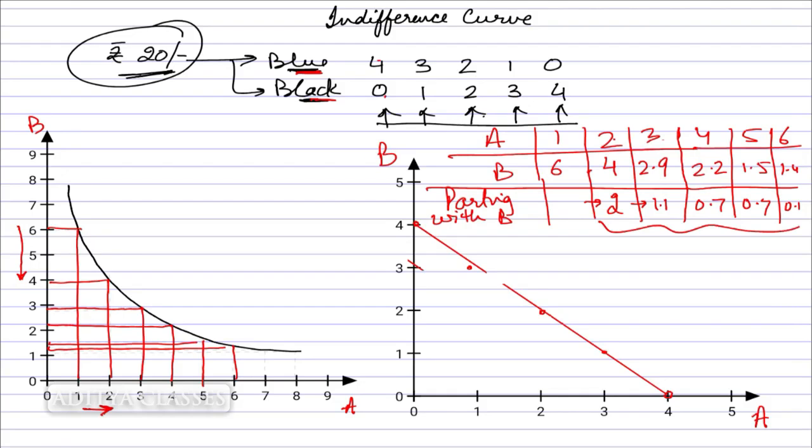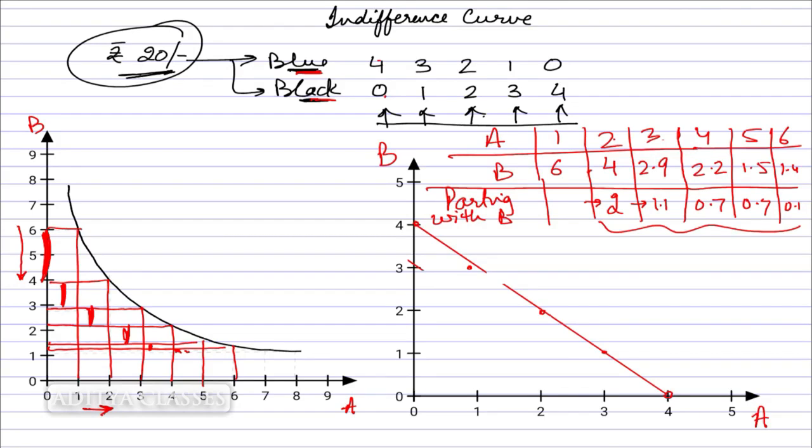Now if you have a look at these numbers, what is happening? Initially I was ready to part this much amount for 1 unit. Second time, only this much amount. Third time, only this much. Fourth time, only this much. Fifth time, only this much. Sixth, seventh, eighth, you won't be able to see.